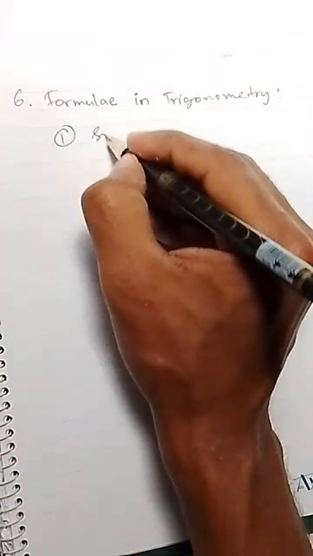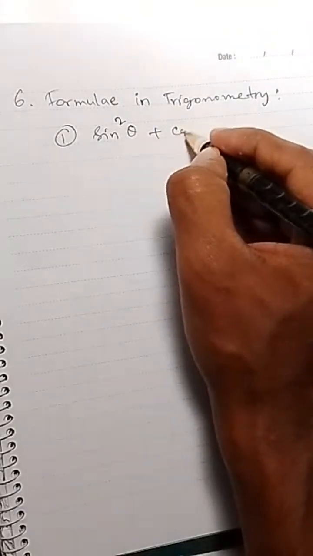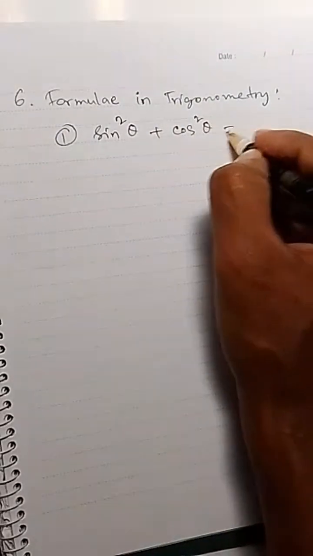In trigonometry, the first formula is sine square theta plus cos square theta is equal to 1.